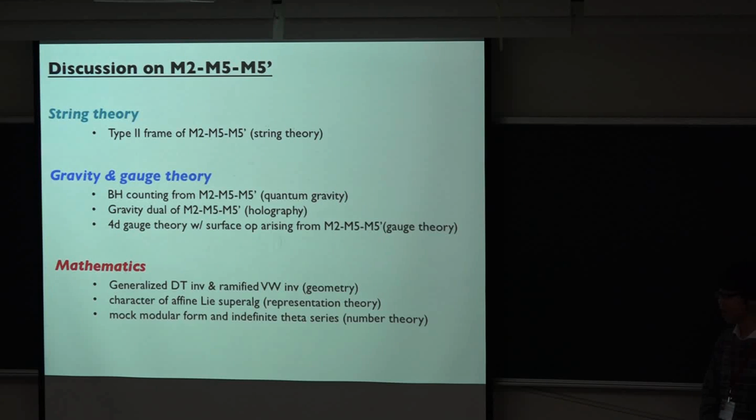So I do not understand what type of solution can actually be associated to this particular brane system. But maybe the M2 M5 M5 prime system, even in flat space, other than these branes, you don't break any of the supersymmetry.